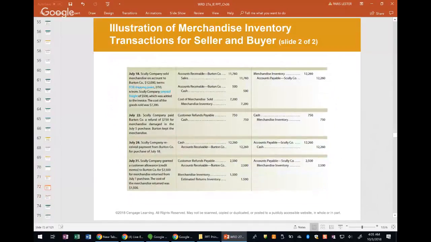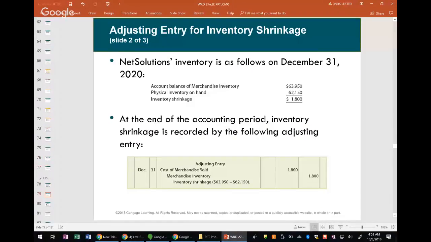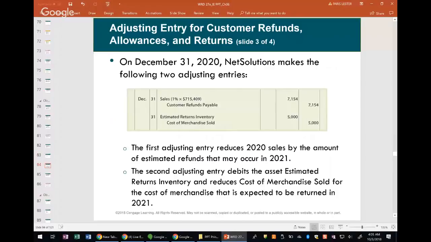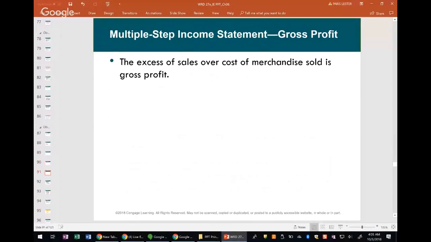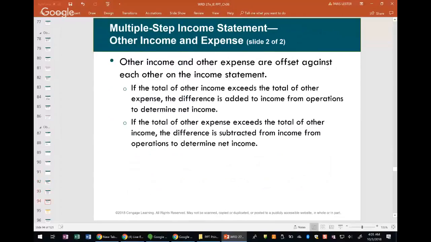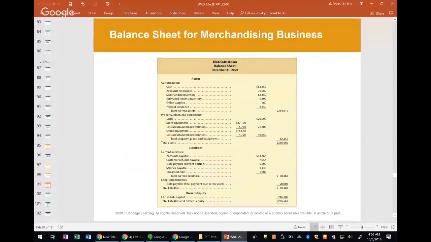Now, you have a couple of pages in your book. This one was transactions of seller and buyer. Now, this is perpetual. So when you get to that example in your book, please study it before next week. Now, there's one more page I want to show you real quick. There's a page in your book that compares perpetual and periodic.